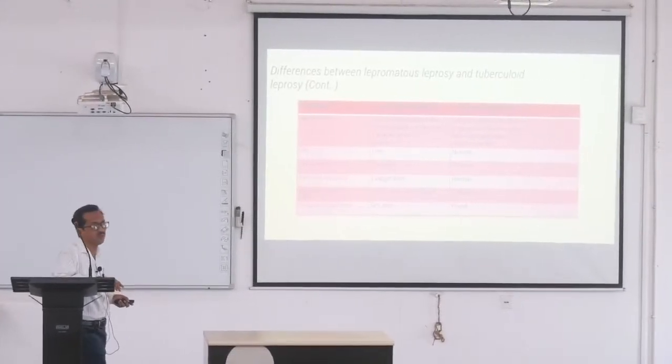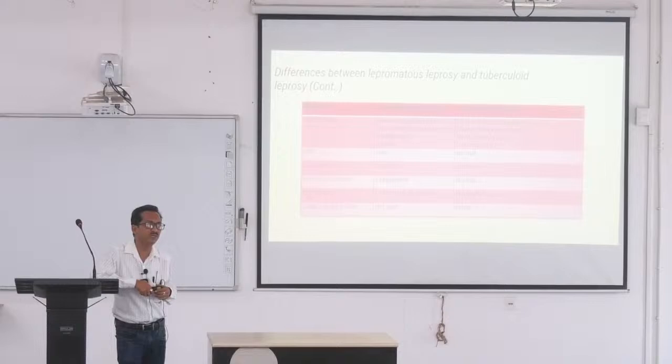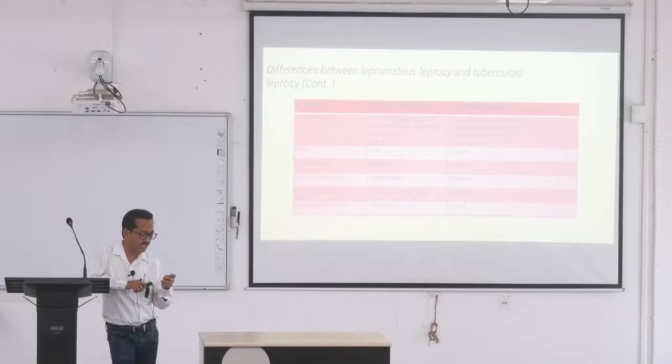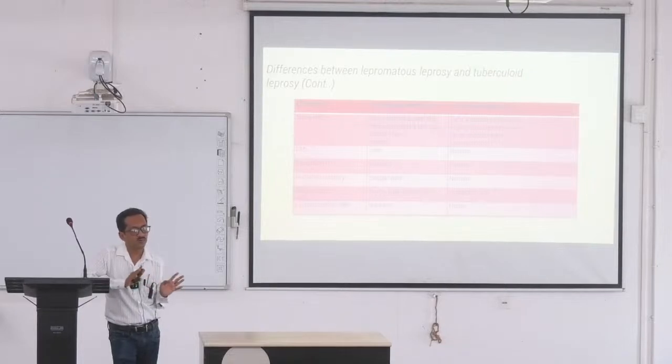Humoral immunity. What do you mean by humoral immunity? You have already completed immunology. Humoral immunity is the production of antibody. For controlling the lesion in lepromatous leprosy, humoral immunity probably has no role because lepra bacillus is an intracellular organism.